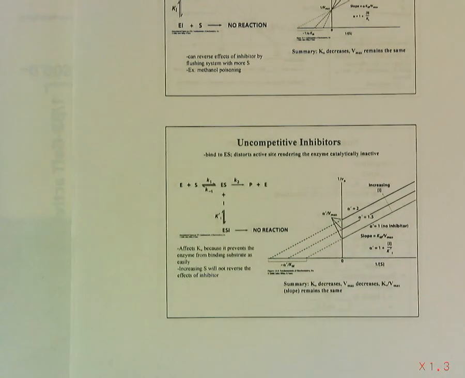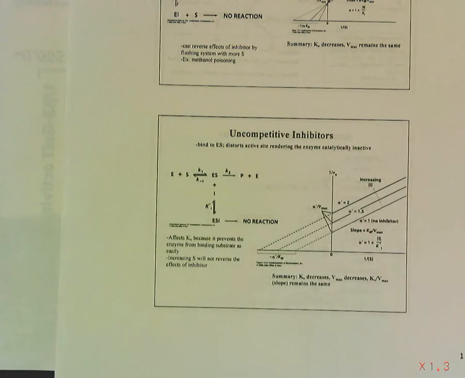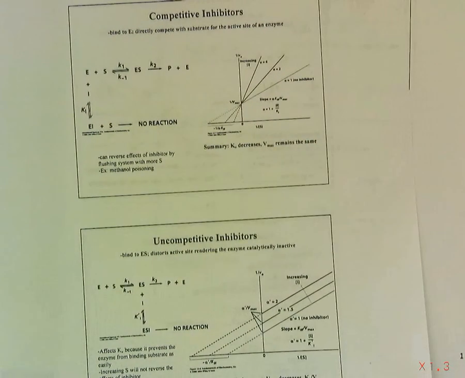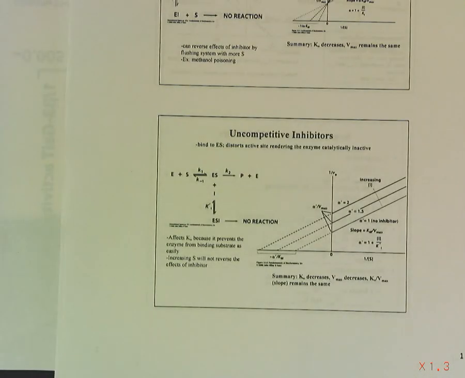And on Monday, we will answer these last 2 questions. We'll finish going through this, work through the worksheet and answer all questions about inhibitors. And then we'll do the serine protease mechanism Monday.